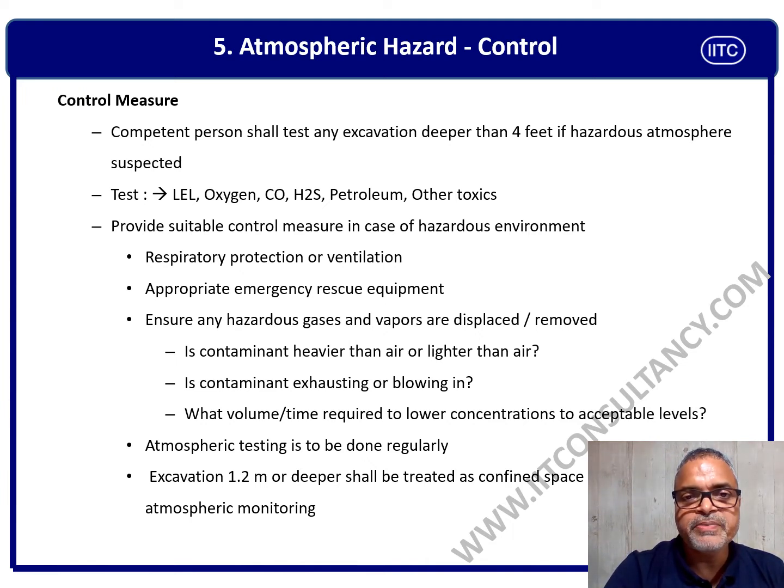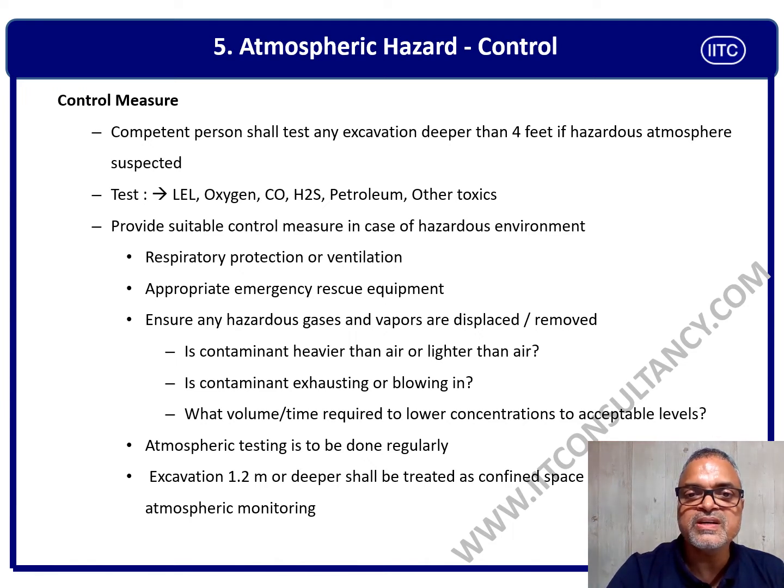A competent person shall test the excavation if it is deeper than 4 feet and a hazardous atmosphere is suspected. This is possible in industries where there is a possibility of a chemical spill, chemical purge, or gas purge.